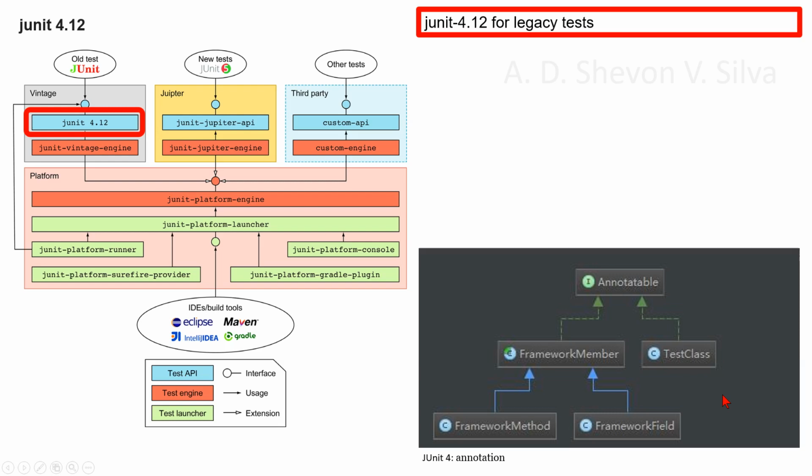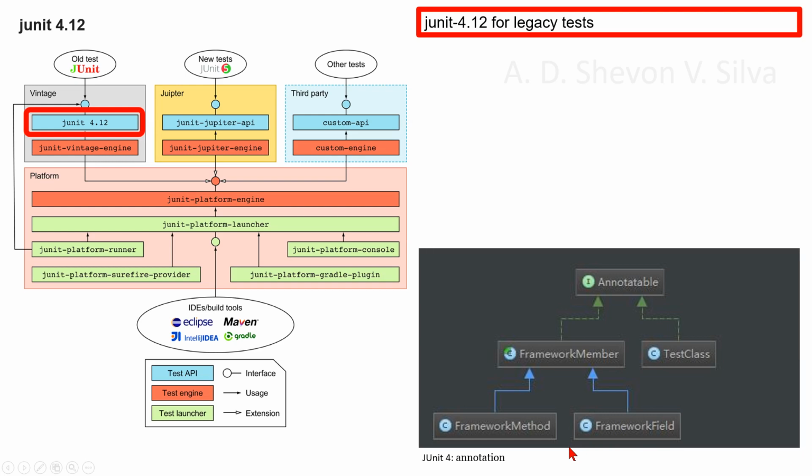The class has its own members, so JUnit uses the abstract class FrameworkMember to represent them. The class members can be classified into fields and methods.